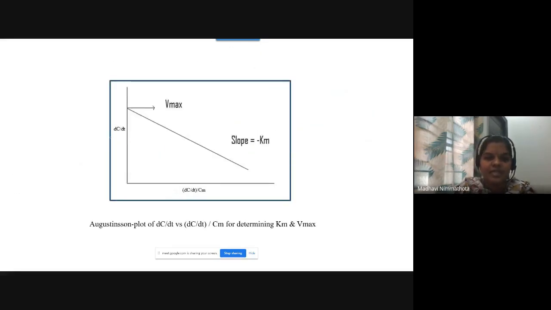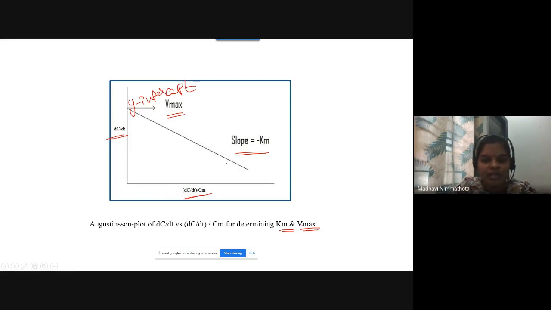See, dc by dt versus dc by dt divided by Cm, then you will get the y-intercept of Vmax and the slope of minus Km. So this is the plot of dc by dt versus dc by dt divided by Cm for determining Km and Vmax. These plots are also not clearly mentioned in your textbooks.